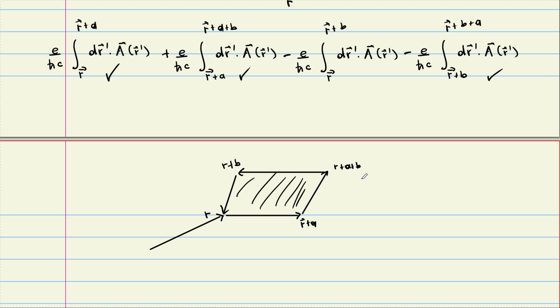And if I have a flux, let me call it phi, through this parallelogram, this is basically just the Aharonov-Bohm phase, the most physical thing we like. Then this quantity is equal to e over h bar c times phi plaquette.